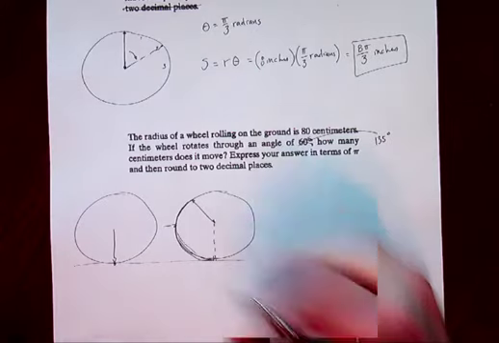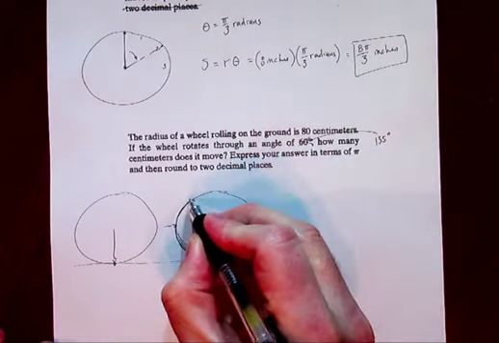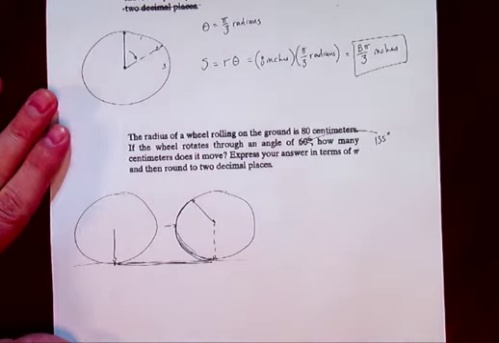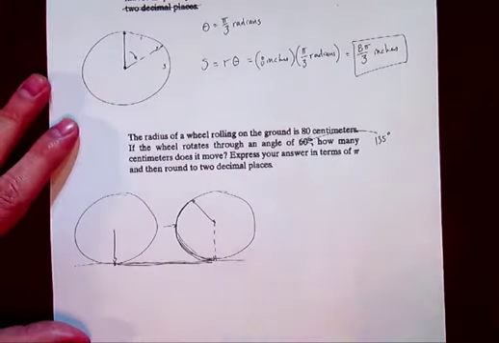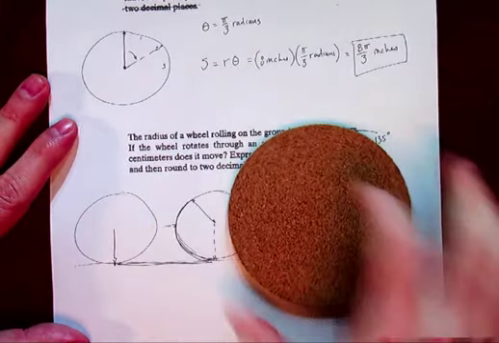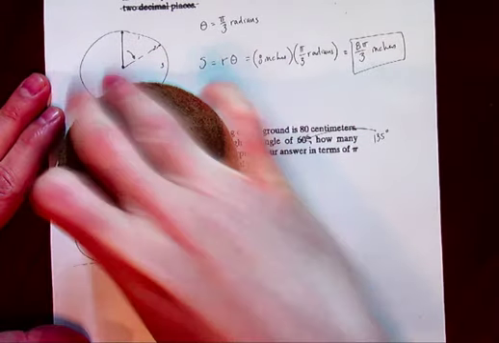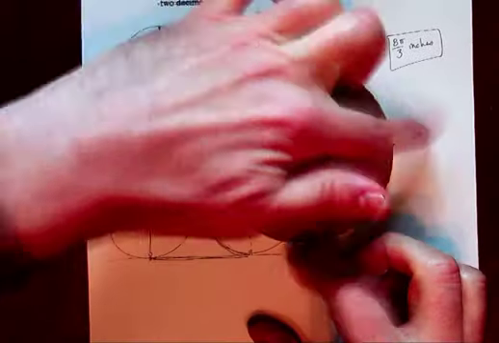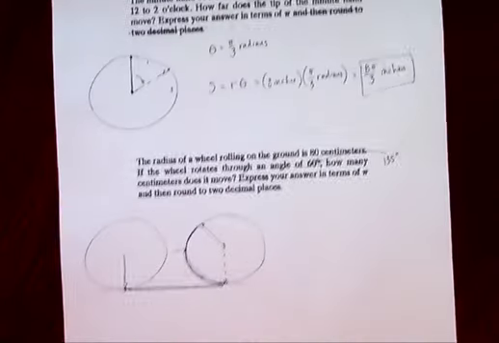And so what we need now is this arc length, because this arc length maps onto this length right here. Hopefully you can imagine that. And if you can't, just think about it this way: it rolls out like that, and we get that. Okay, that's enough. If you don't get it, we can talk about it at another time.